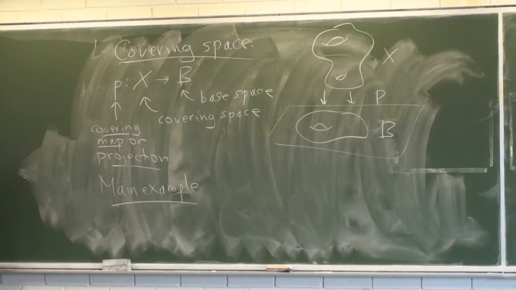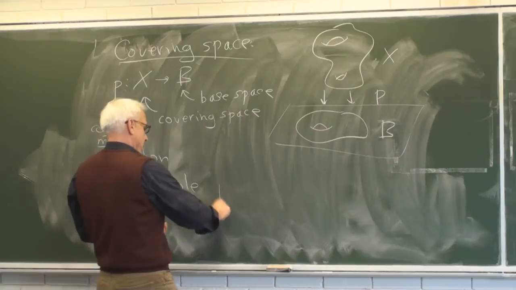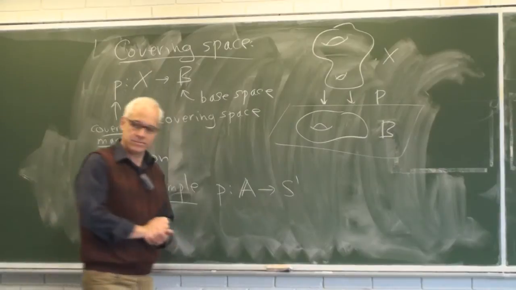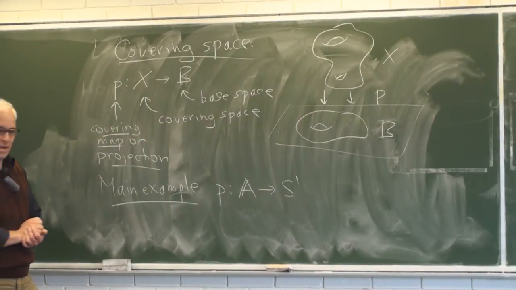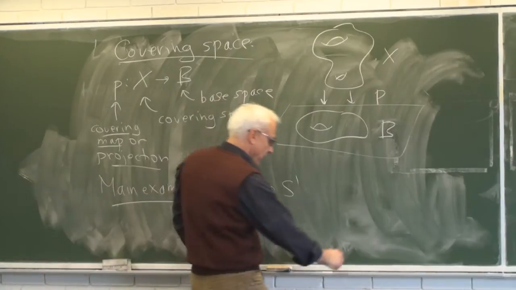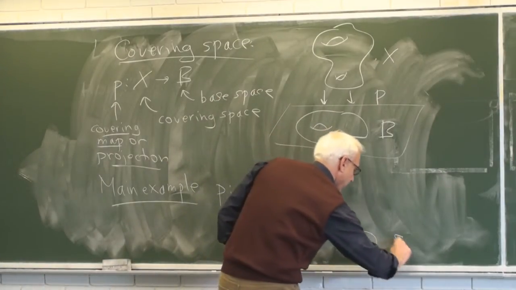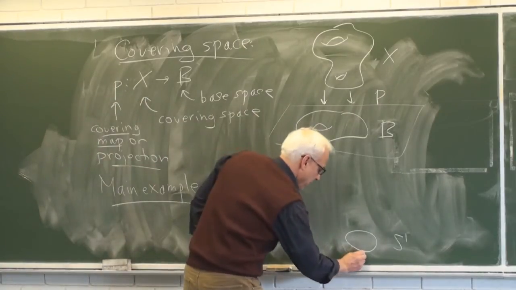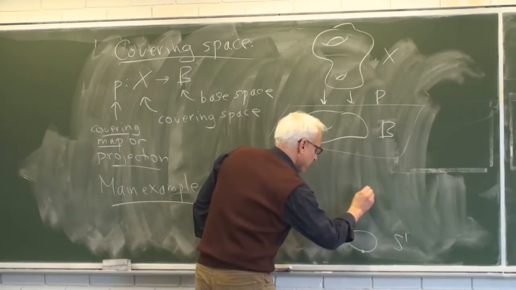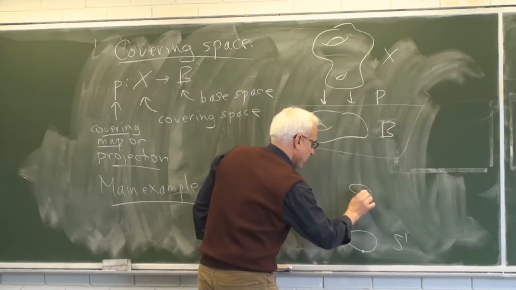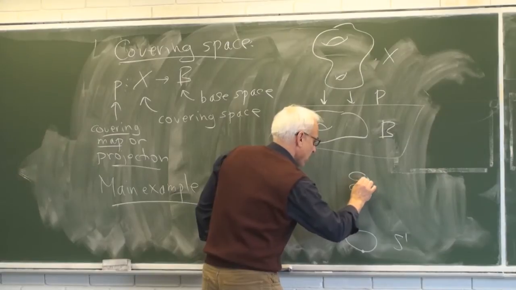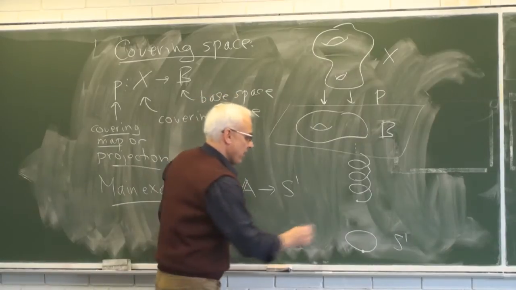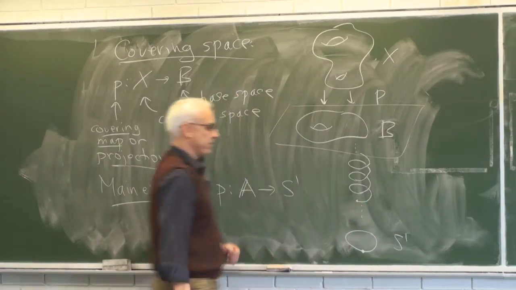So there's a main example that's key in this subject, which is the map from the line to the circle. And the associated picture is to have the circle here as the base, and then to have the line visualized as this helix kind of thing, going up in that direction, and down here similarly.